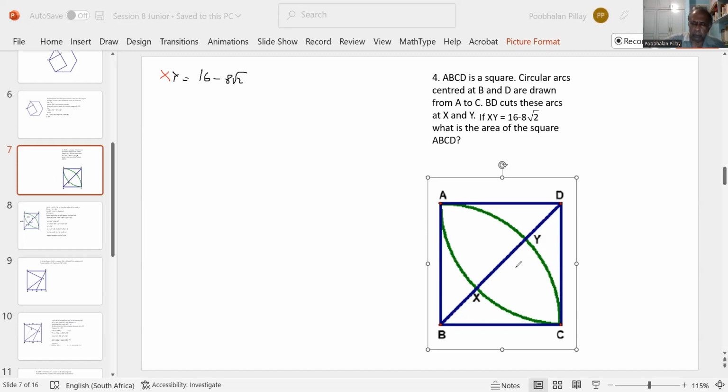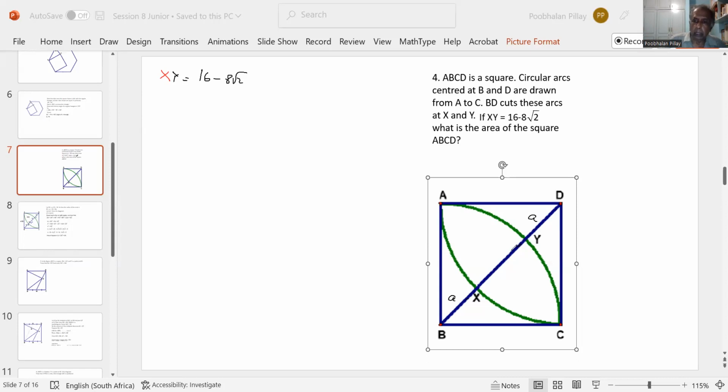So let's give names to these symbols. Let's call this BX, suppose we call it A, and by symmetry, this part here will also be A. And you can see it has to be the same.